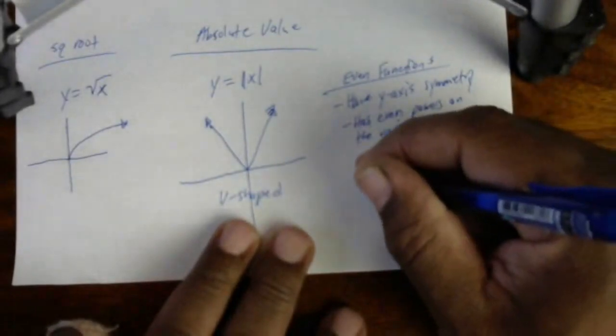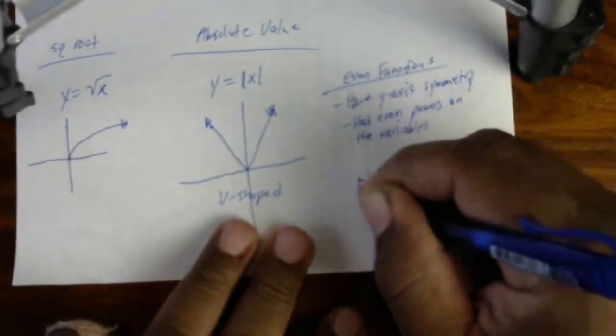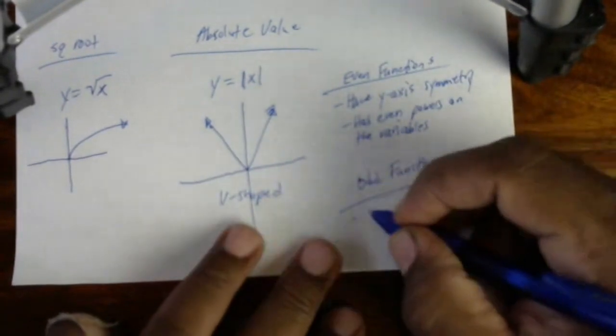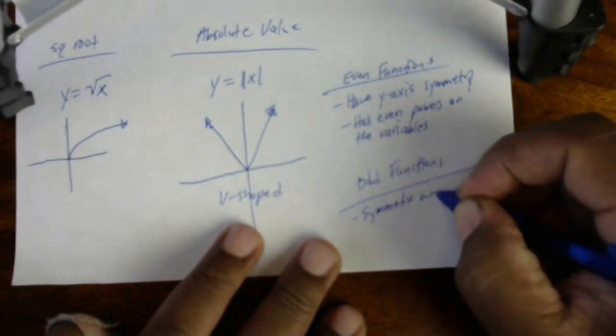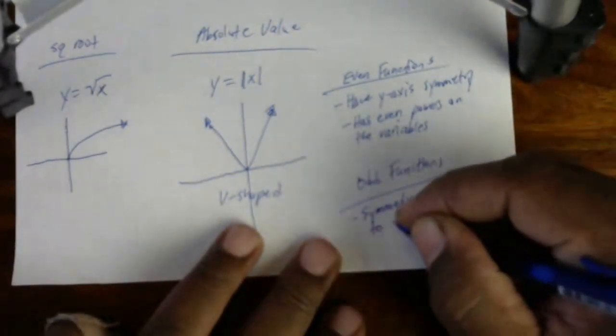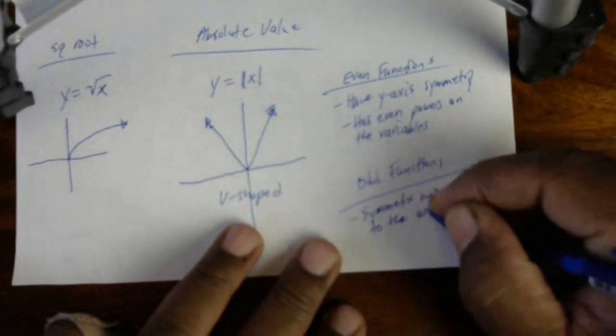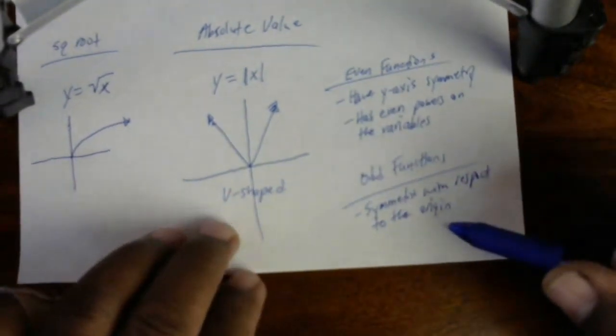Odd functions are symmetric with respect to the origin. So notice I didn't say symmetric with respect to the x-axis.